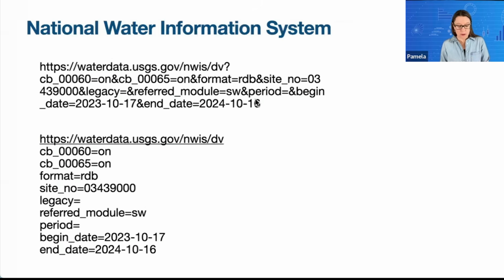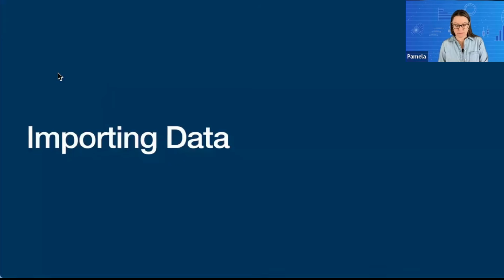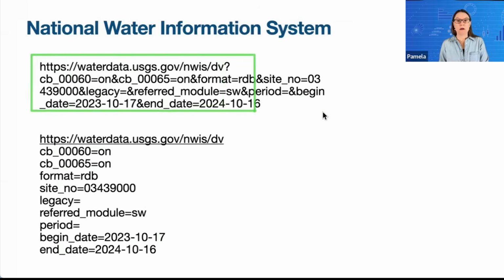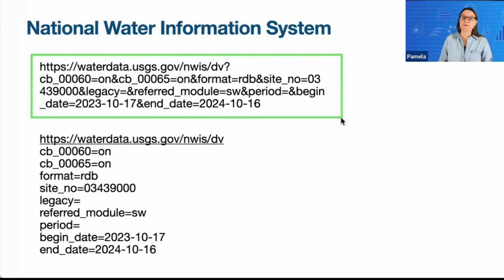So for example, one of the links I used to grab data looked like, what am I doing wrong here? Here it is. Right there. Looks like this. So this is actually a query to the National Water Information System, sorry, that is telling the server that you're requesting the data from, all these attributes of data that you want.